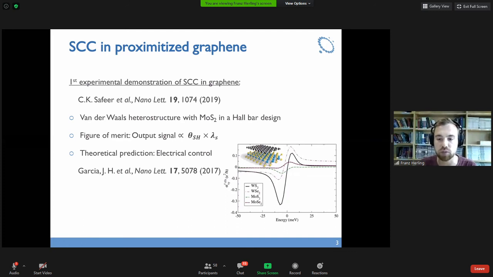And we can see for some of them that changing the Fermi energy is actually changing the size and also sometimes the sign of the spin Hall conductivity. So it should be possible via a backgate to tune this energy, and via this also tune the spin Hall effect. So this has been our outlook, what we wanted to do.